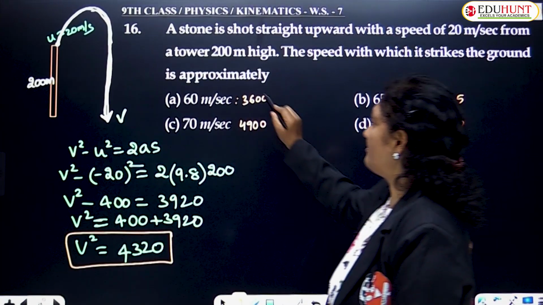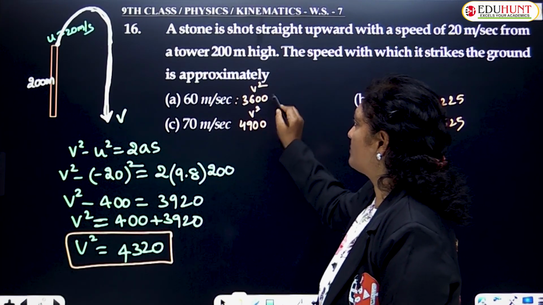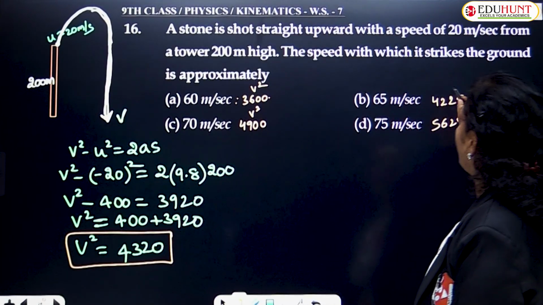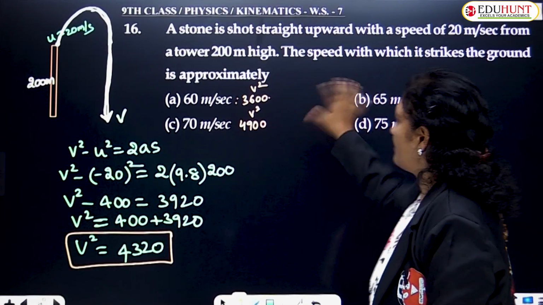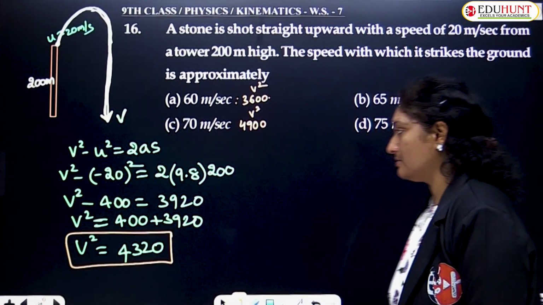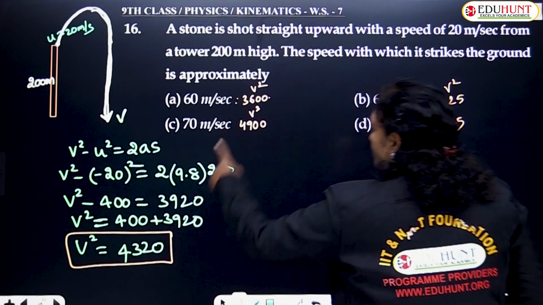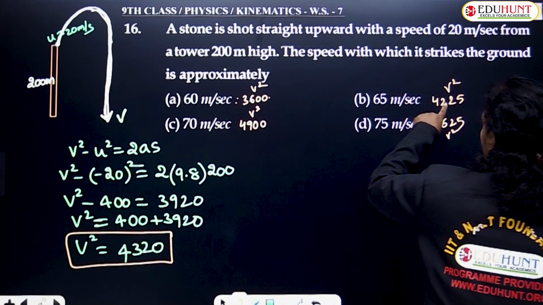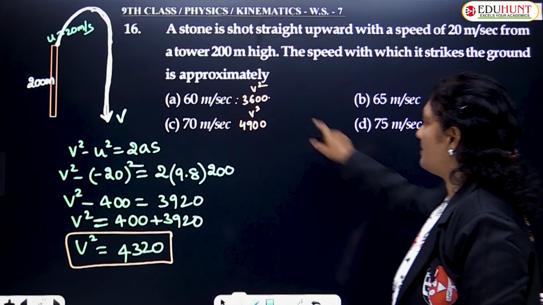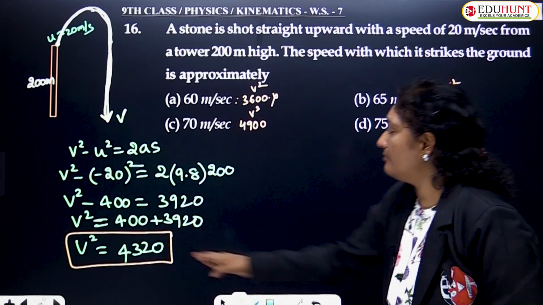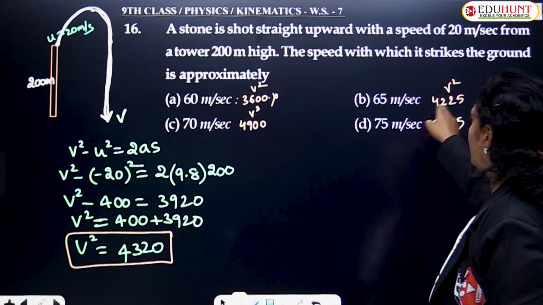So these are the values of v square: here 3600, here 4900, 4225 and 5625. It asks which among the following is approximately true. So let us check it out. Is 4320 nearer to 3600, 4225, 4900 or 5625? This is the biggest number, this the smallest number. So 4320 is nearer to which number, children?